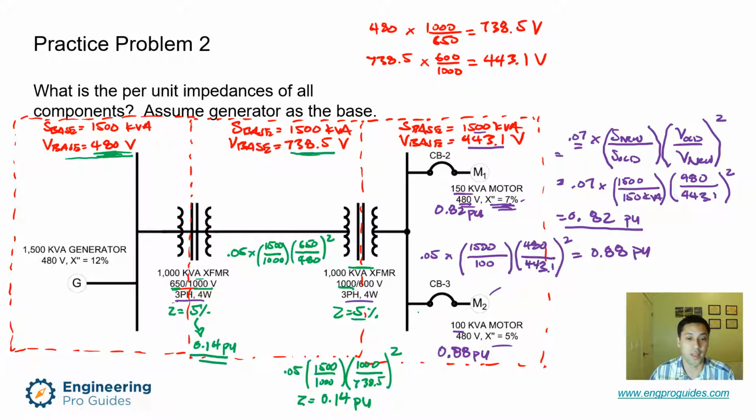Okay, and you can see that we get the same conversions here. Well, pretty similar. They're slightly different because these voltages here are a little different. But if you were to use the same transformer and then use the voltages on the secondary side for this case, you should get exactly the same answer.